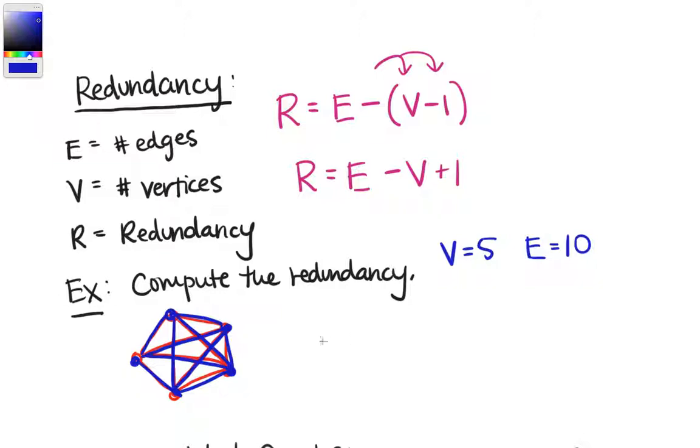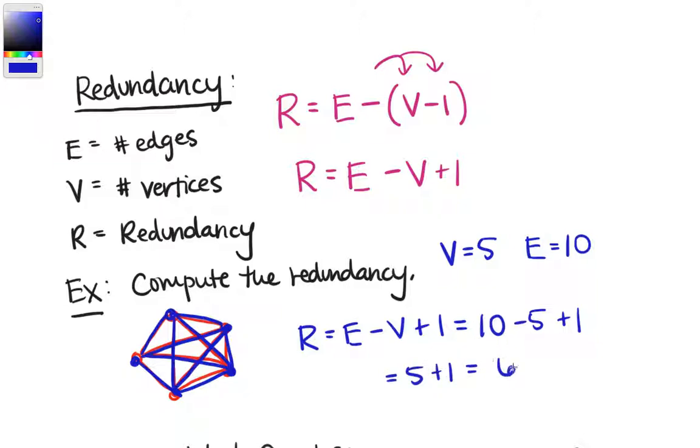All right, so the redundancy is going to be number of edges minus number of vertices plus 1. So in our case, number of edges is 10, number of vertices is 5, plus 1. So 10 minus 5 is 5, plus 1, which is 6.